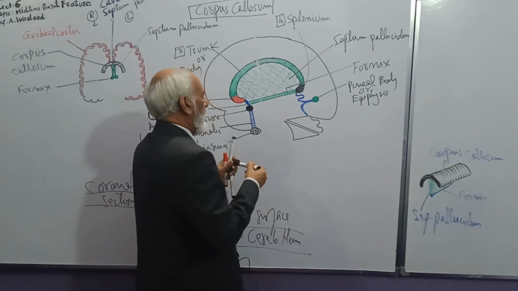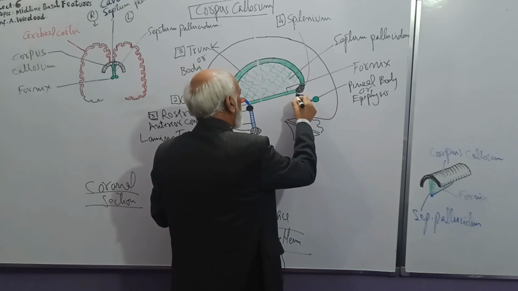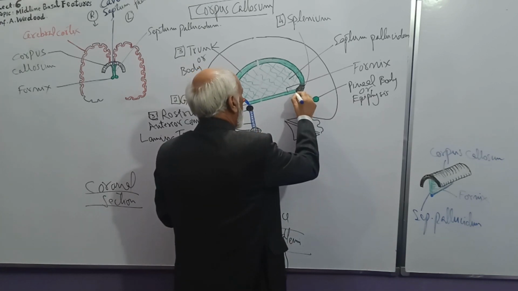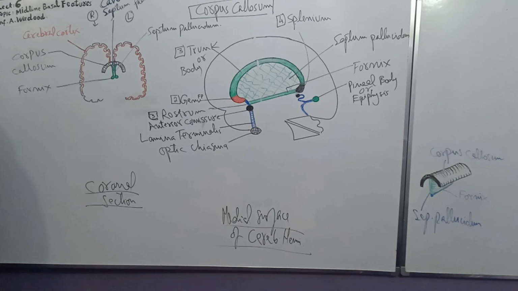Now in the upper lamina, again there is a commissure, a bundle of nerve fibers which interconnect.